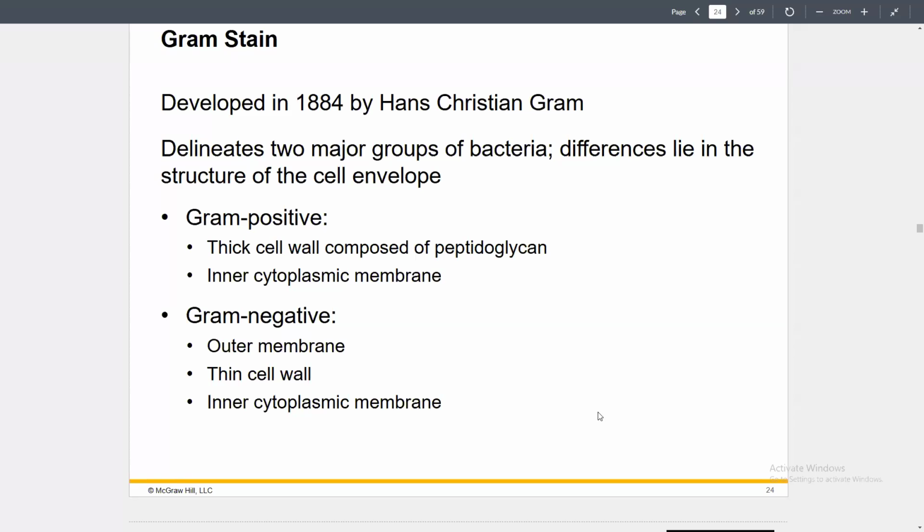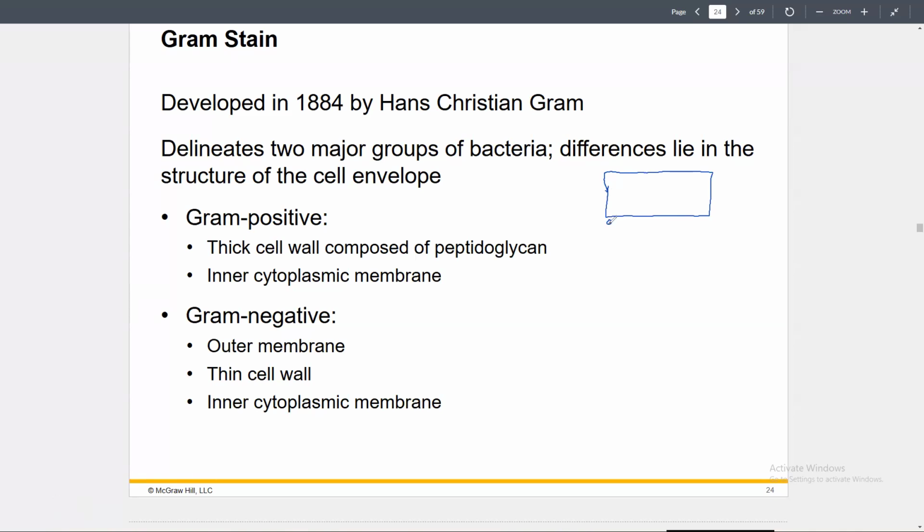So gram-positive bacteria have a very, very thick cell wall composed of peptidoglycan. So if I were to draw that, let's see if this will work here. Oh, thank God. Okay. Let's do this. Can I draw with this? Yes. Okay. So I have a thick cell wall. And we're going to talk about what this means as far as a thick cell wall.